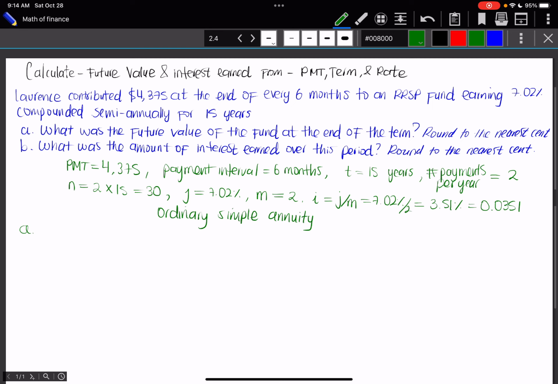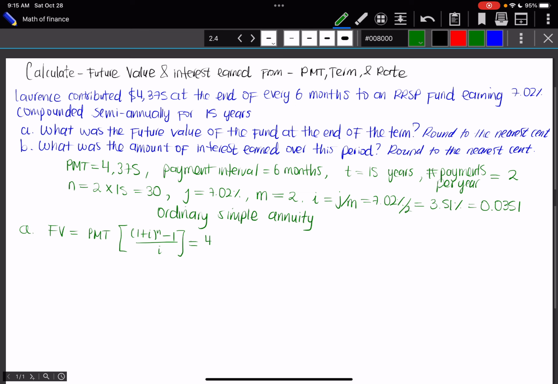A simplified formula to calculate the future value of an ordinary simple annuity like the one we have here is given by future value equals PMT multiplied by (1 plus I)^n minus 1, over I, where n is the number of payments during the term, PMT is the amount of the periodic payment, and I is the periodic interest rate.